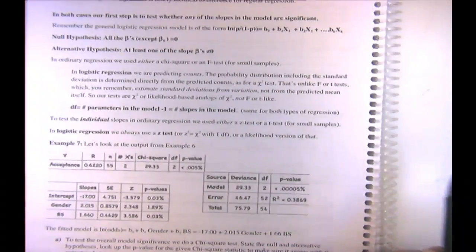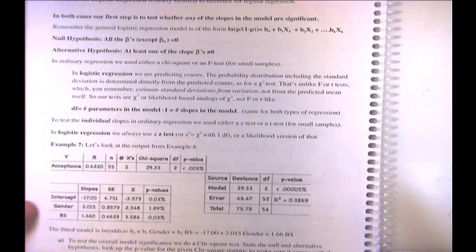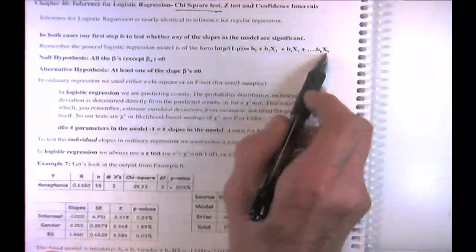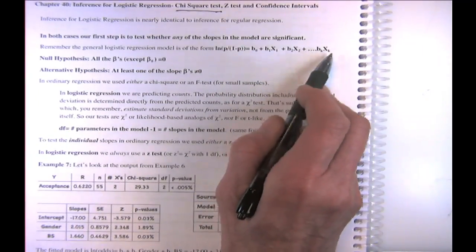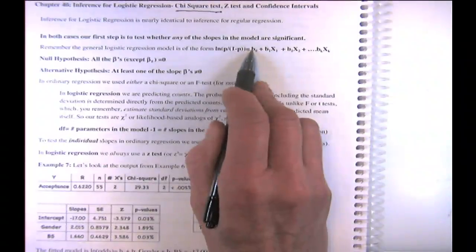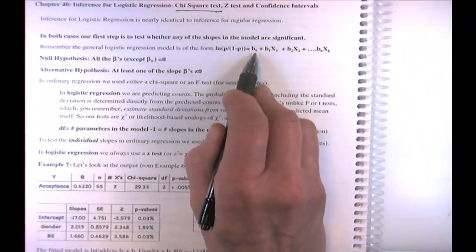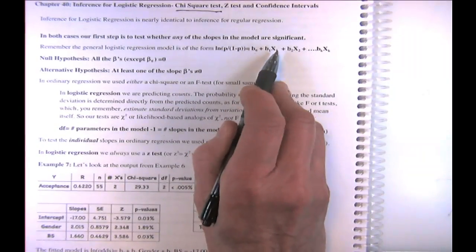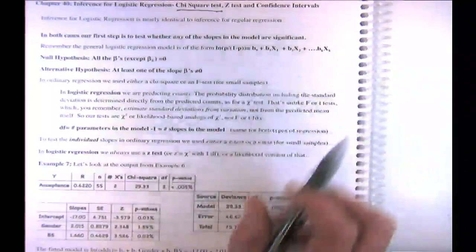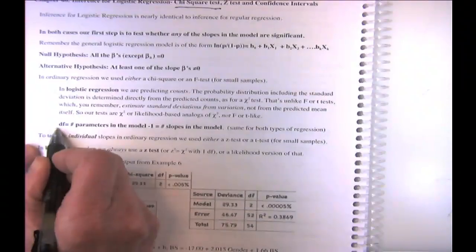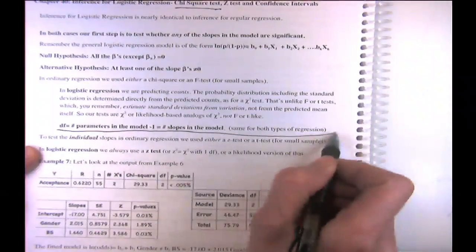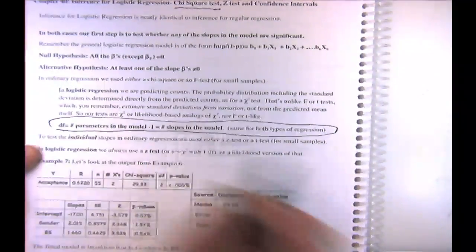If this was our model right here, the degrees of freedom are going to be the number of betas minus the intercept, which is always the same as the number of predictor variables. So that's what I'm saying here. Okay?